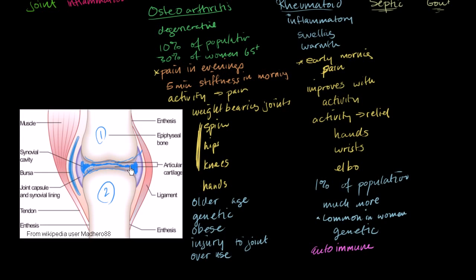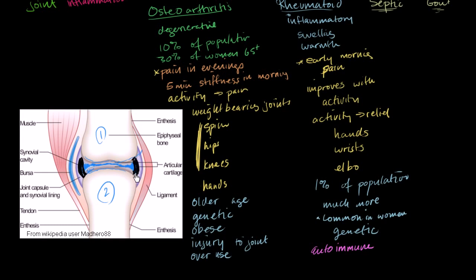The fluid is lined by a synovial lining or membrane, where there are cells, and these cells are immune cells. For some reason in rheumatoid arthritis, those cells replicate and can cause a local inflammation. I see. So the membrane just gets thicker.